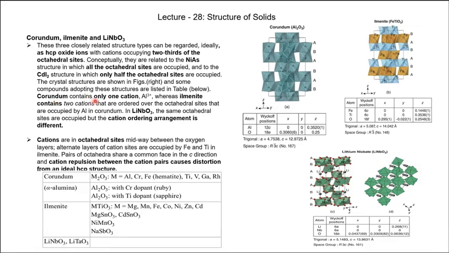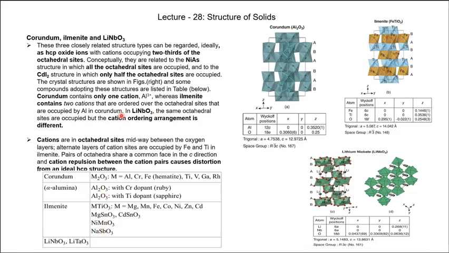as I say, corundum contains only 1 cation, and that is aluminium, whereas ilmenite contains 2 cations, and here we see that one is M cation, another is titanium, magnesium, tin, cadmium, tin, nickel, manganese. That's what I said.